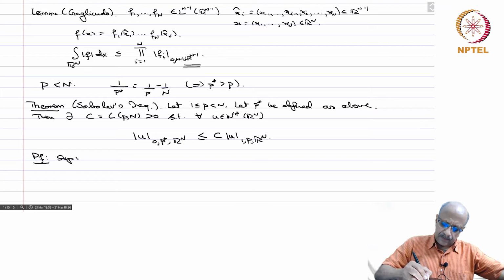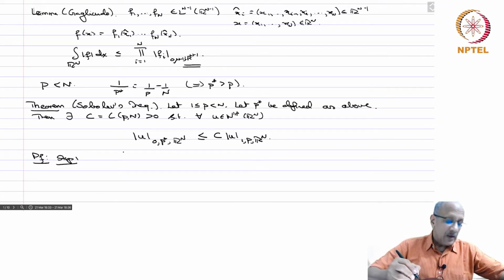step 1. So let u belong to D(R^n), and 1 less than or equal to i less than or equal to n.